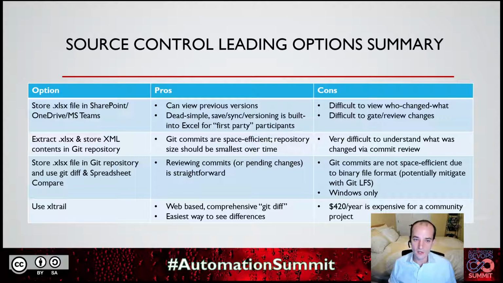And what's nice is you can easily view previous versions because these platforms track version history by default. And it's a dead simple workflow. I mean, you're saving and you're getting versioning right from the Excel file itself. Most business users know how to use this just fine without any training. And that's all nice. But on the negative side, we're not really achieving the objectives of being able to see who changed what specifically.